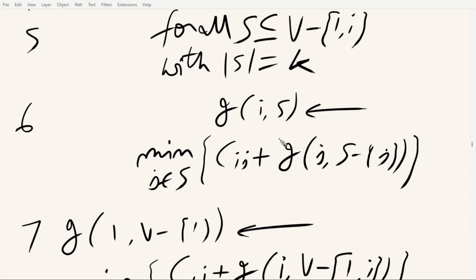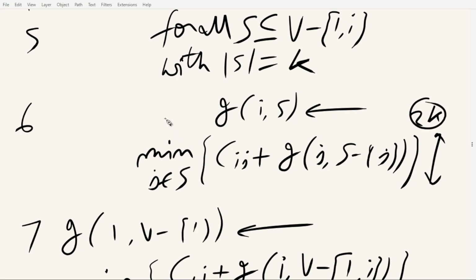So two operations we have to do. First we have to add, and then second we have to keep track of the minimum. So two steps are required, for a total of k times. So this step 6 will take in total 2k times.